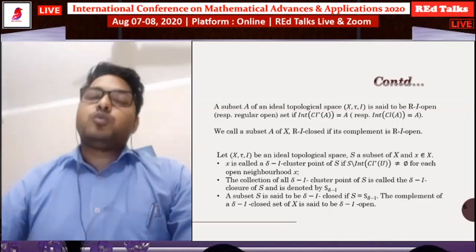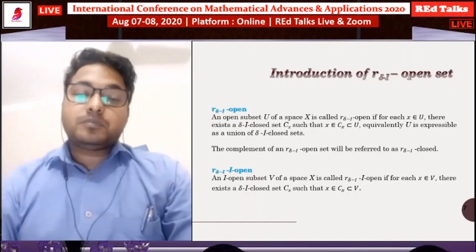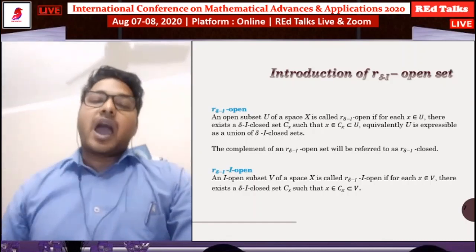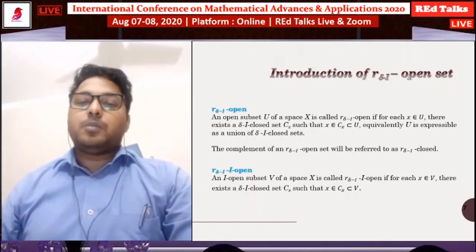Now let's move to the important definitions which we have defined. Basically, the general idea of R delta I open sets in an ideal topological space.